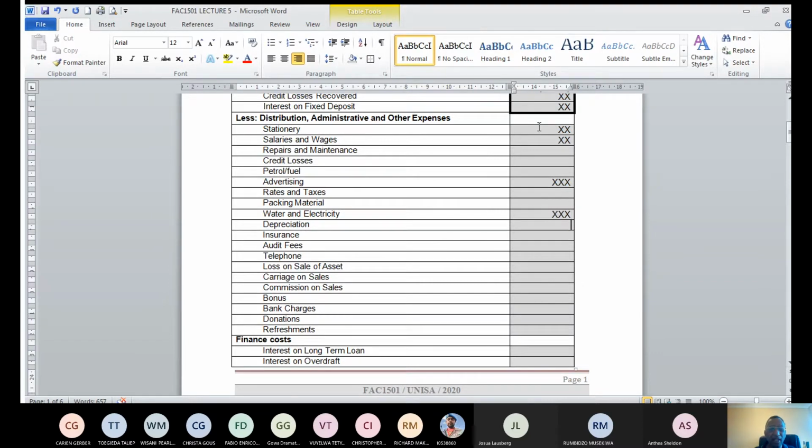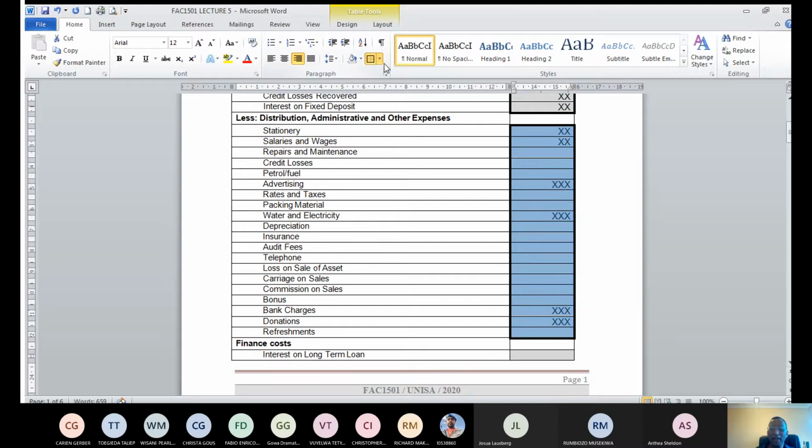Whatever you have got there, you may have bank charges, you may have donations, all the expenses that you will incur, you will list down under your distribution, administrative, and other expenses, except now for the interest. Remember that. You will block all of your expenses, you add it up, and that will give you your total of distribution, administrative, and other expenses.